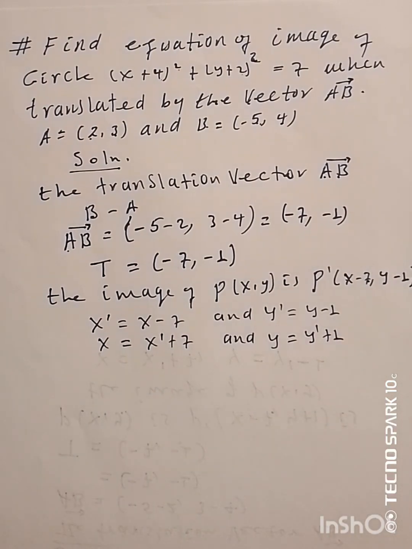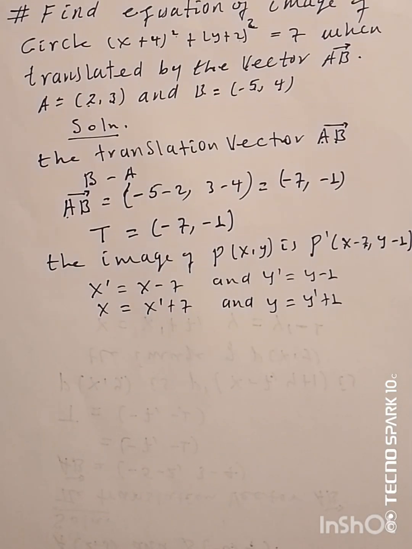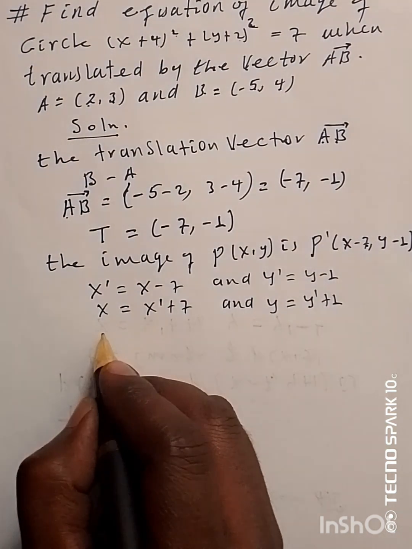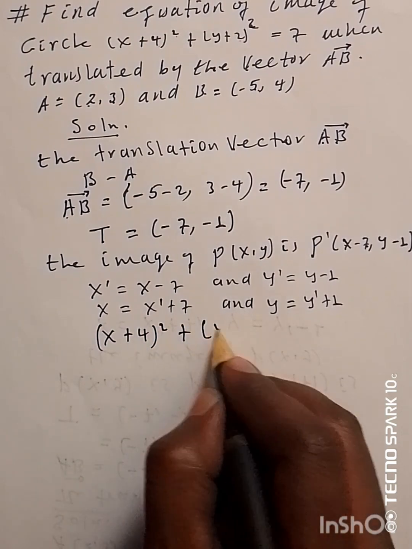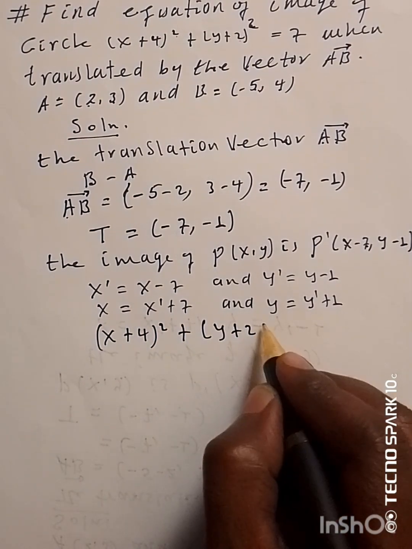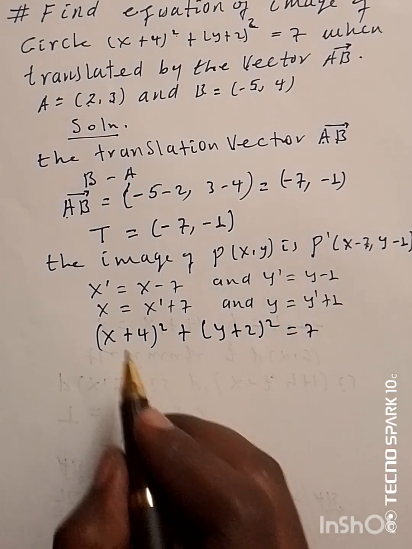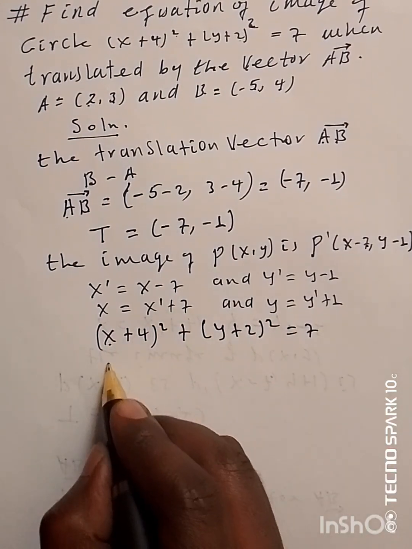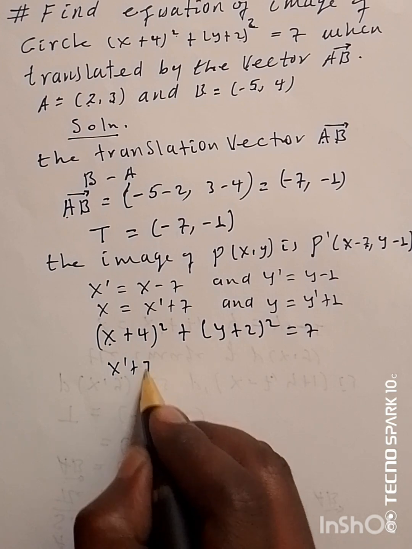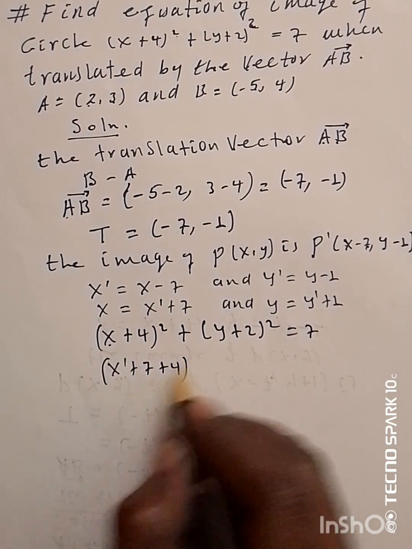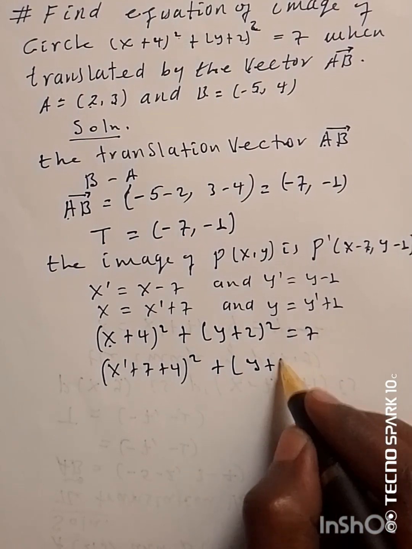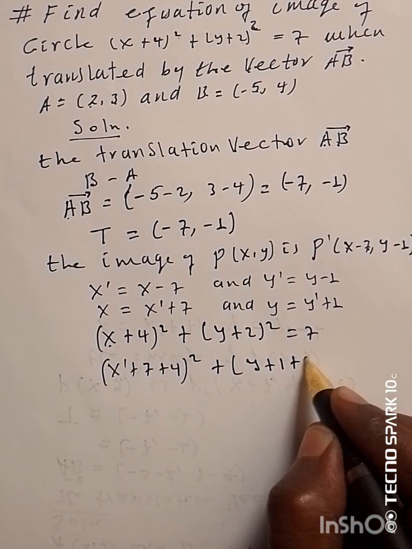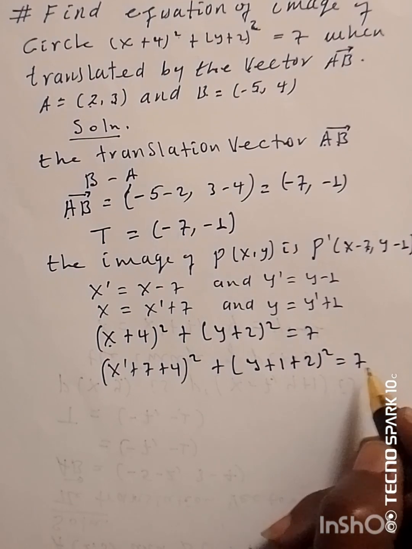Now substitute x prime plus 7 and y prime plus 1 into the given equation, that is the equation of the circle (x + 4)² + (y + 2)² = 7. Now x means x prime plus 7, so (x prime + 7 + 4)² plus (y prime + 1 + 2)² is 7.